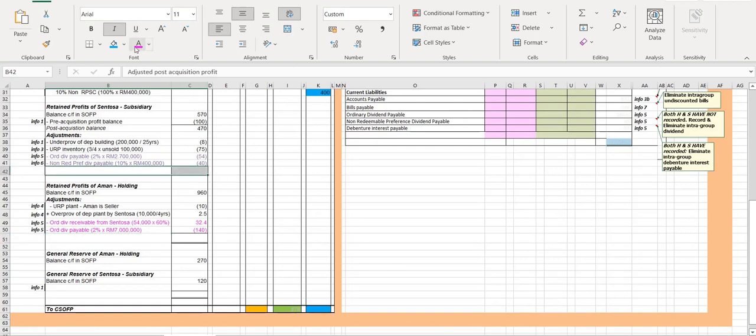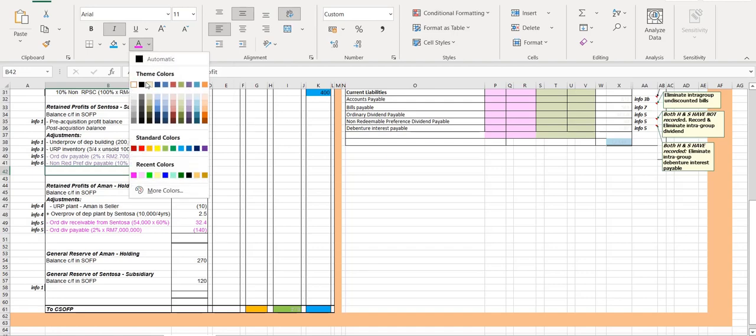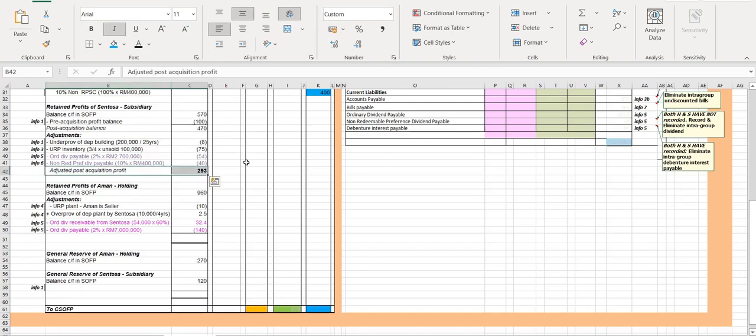First, total up. When you total up, you'll get the adjusted post-acquisition profit. Find out what is the amount belonging to the parent, which is 60% from 293, and what belongs to the non-controlling interest, that is 40% from 293.